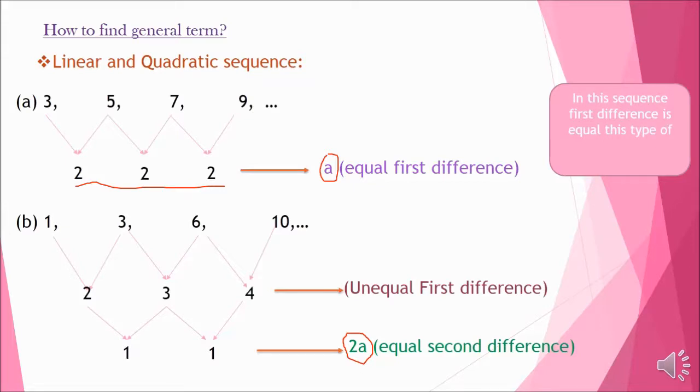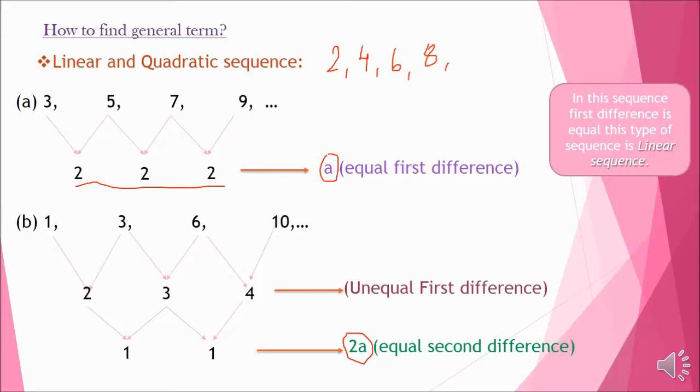This type of sequence is called a linear sequence. So if the first difference is equal, then it is a linear sequence. Another example of a linear sequence can be 2, 4, 6, 8. These are even numbers, multiples of 2.